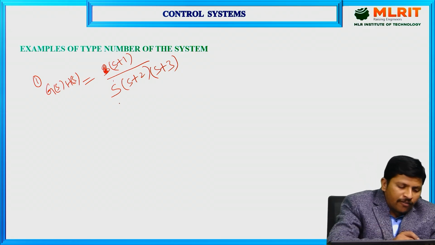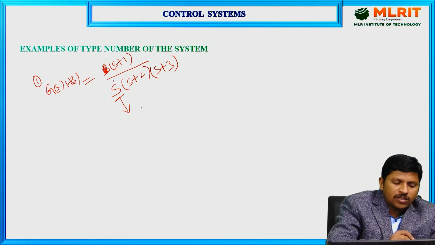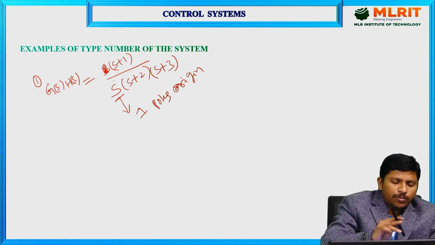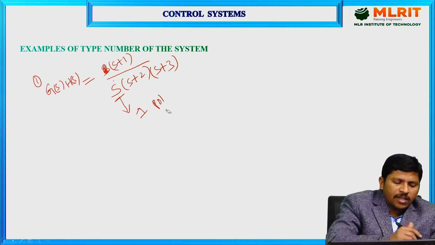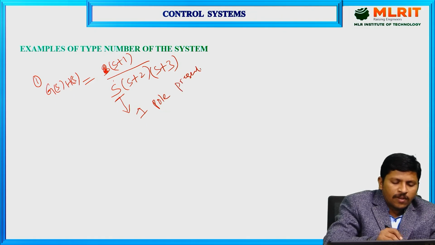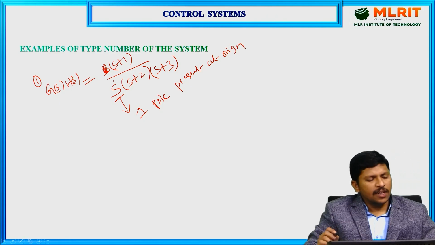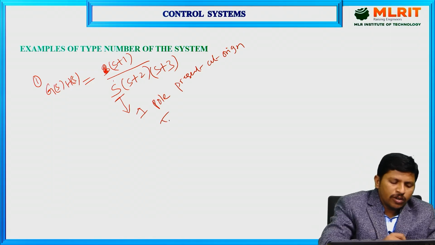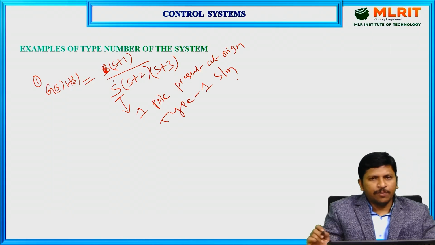One pole is present at the origin, which means the given system is a type 1 system. This is the type 1 system.